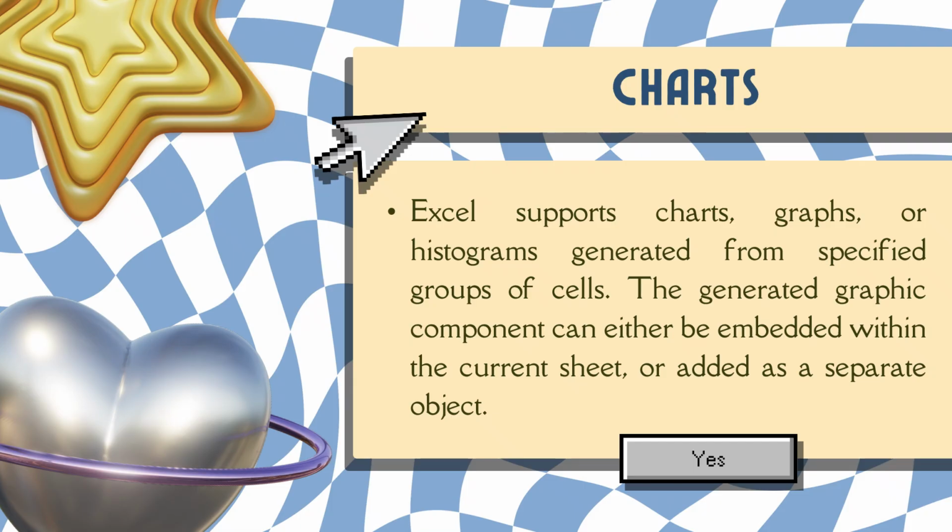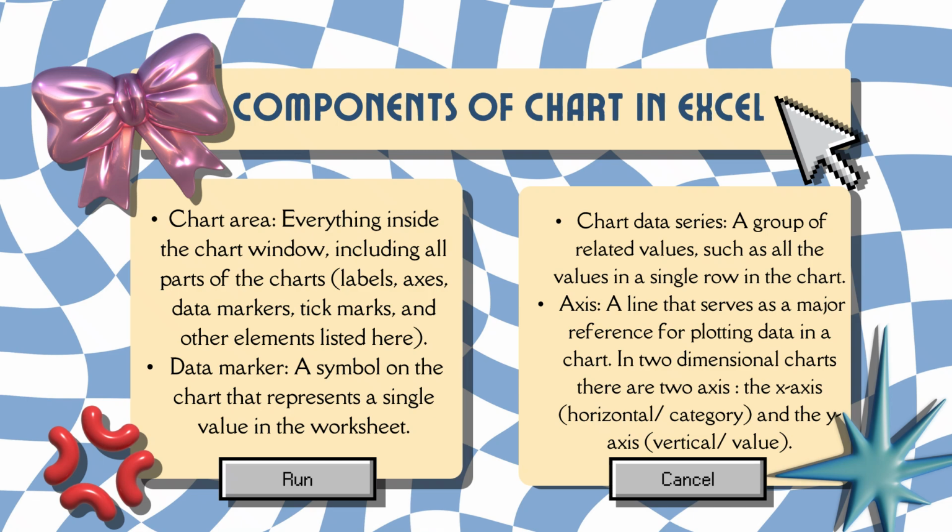So, charts. Excel supports charts, graphs, or histograms generated from specified groups of cells. The generated graphic components can either be embedded within the current sheet or added as a separate object. Components of a chart in Excel. The first one is chart area.